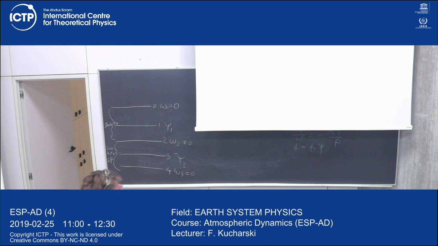In the thermodynamic equation, we want to apply the equation at this level here, but then we have to express the vertical change of the stream function, which we can now express as the stream function at level 3 minus the stream function at level 1, divided by the pressure difference. Again, the same difference, 500 hectopascal here.